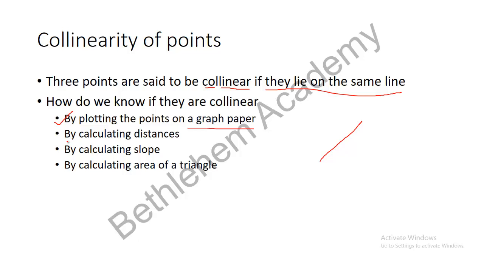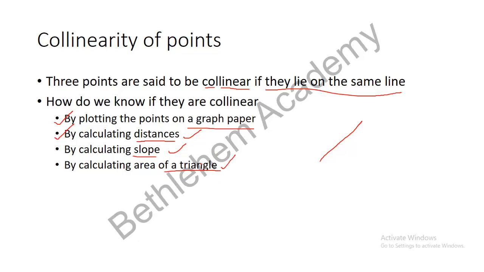Rather, we will be asked to find the collinearity of the points by calculating either through distances, that is by using the distance formula, or through slope, or through calculating the area of the triangle. If they specifically mention any one of the methods, we need to use only that particular method. If not, then we can use any of these three methods.